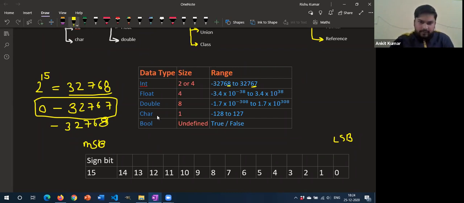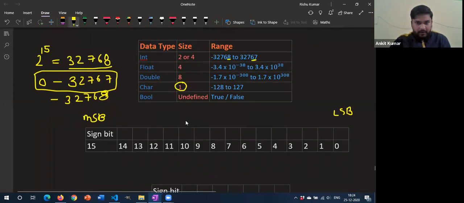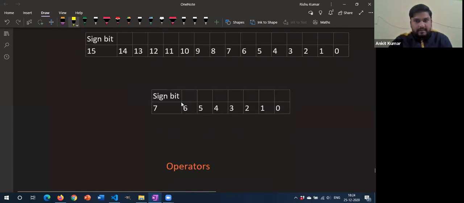Similarly, when we talk about char, a character has a size of 1 byte only. 1 byte means 8 bits. So in case of character as well, we have the most significant bit, which is the last bit, as the sign bit. This will store the sign of numbers. Whereas the first one is known as the least significant bit.